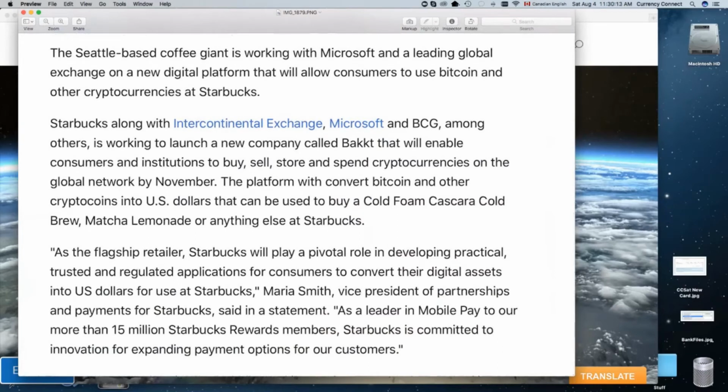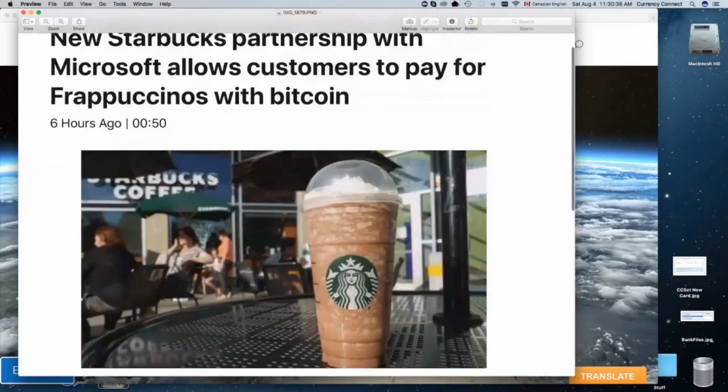For example, Malta in Europe has now become a blockchain capital, so to speak, for brokerages like Binance and so forth. So to cut a long story short, please do your own research as well. Don't just rely on us.